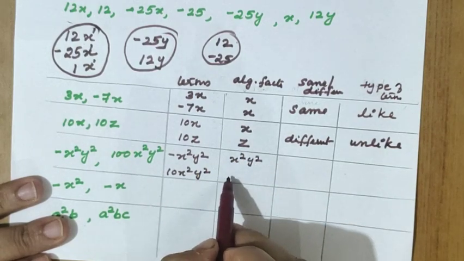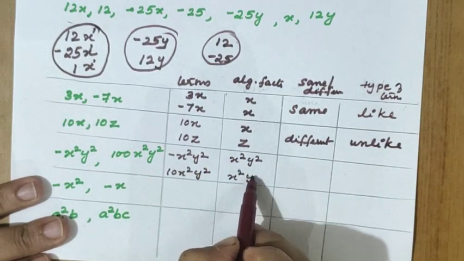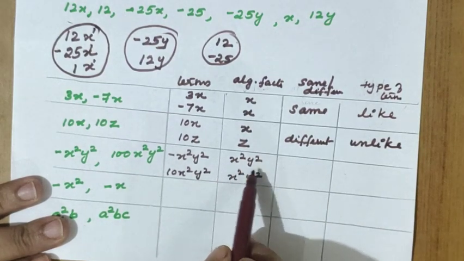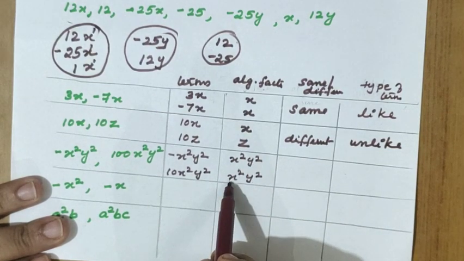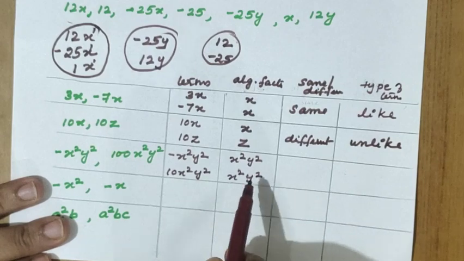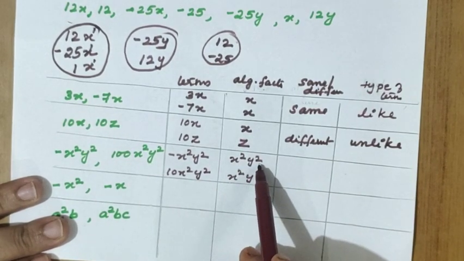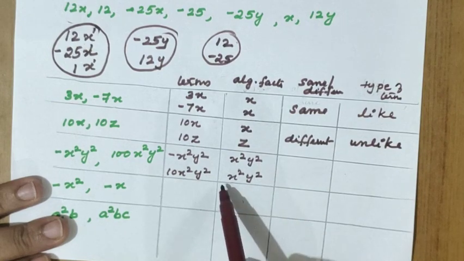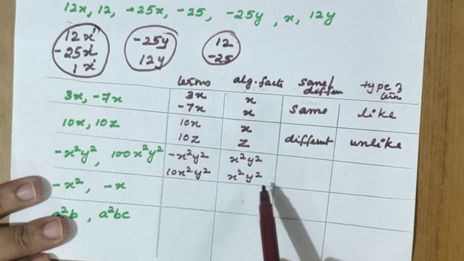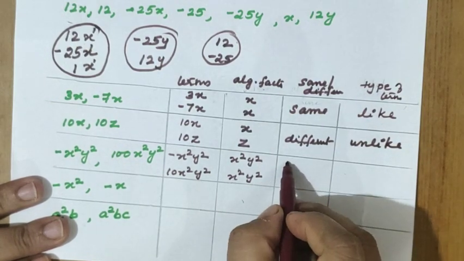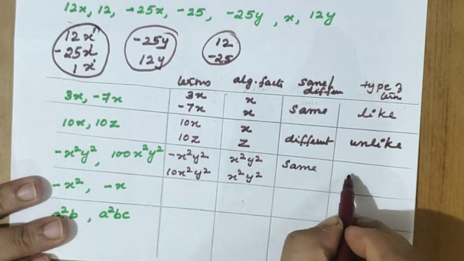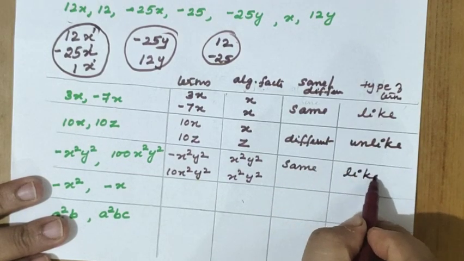Now here also what are the variables? X square and y square. Now you check the variables, x and y only, but what is the power? Power also we must check. In this case x has power 2 and y also has power 2. Here also x has power 2, y is also the same. So the algebraic factor is the same. So this is an example for like terms.